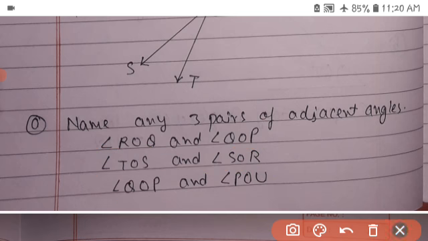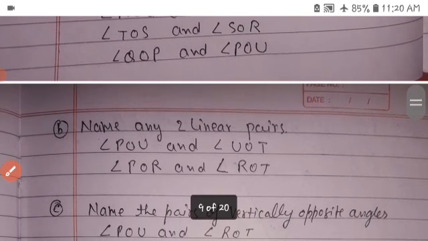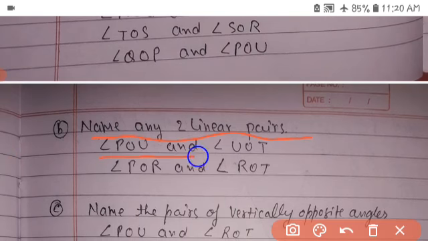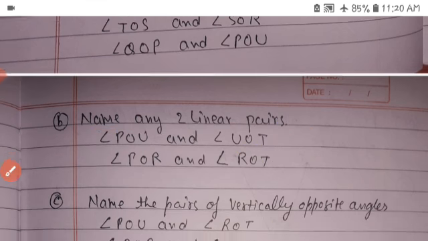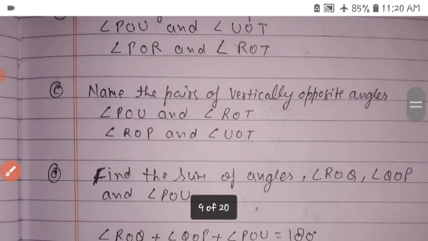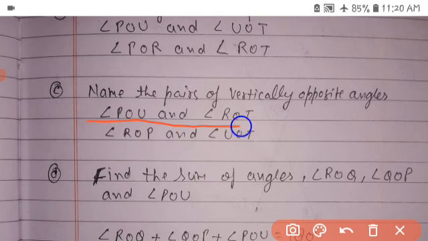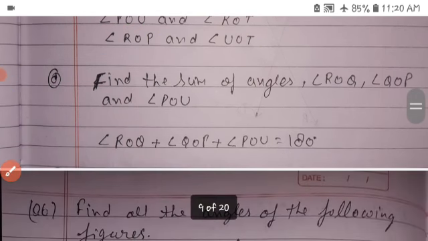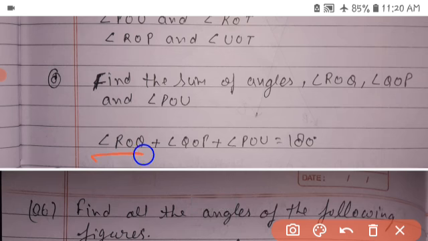These are the adjacent angles. Any two linear pairs: angle POU and UOT, POR and ROT. Name the pairs of vertically opposite angles: POU and ROT, ROP and UOT. The sum of angles ROP, QOP, POU is equal to 180 degrees.